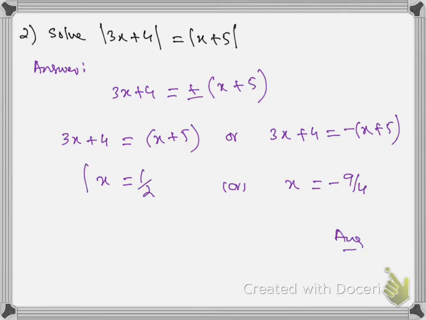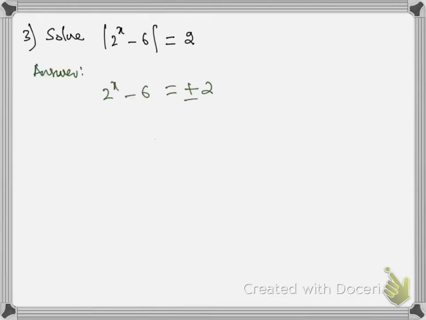Now let's do two more questions to understand the plus minus method. Example number 3. This is an index equation. We will remove modulus by writing plus minus on the right side. Now we have two possible equations, 2 power x minus 6 equals plus 2, or 2 power x minus 6 equals minus 2.